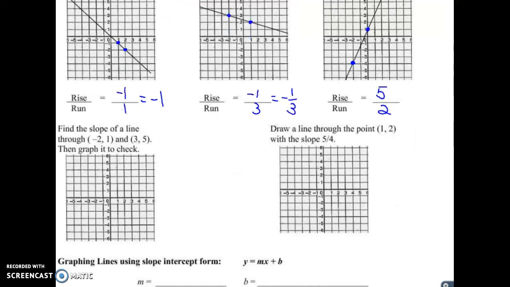Let's scroll down a little bit more. Okay, so -2, 1 is right here, and now 3, 5. We're going to calculate it mathematically. It doesn't matter which y value you start with. You may start with a 1 or you may start with a 5. I'm going to start with a 1 minus the other y value, 5.